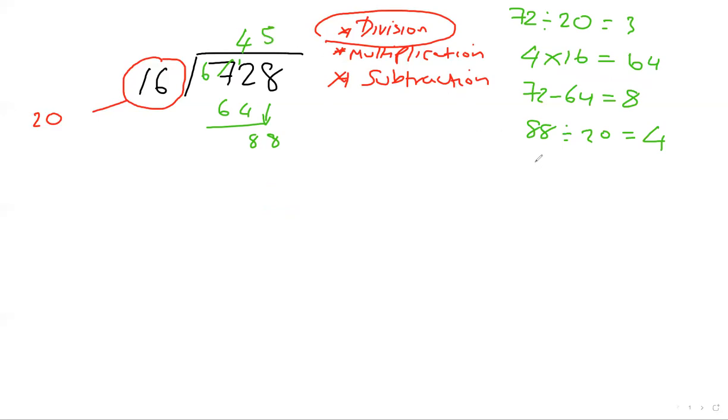So 5 times 16: 6 times 5 is 30, 5 times 1 is 5, so it's going to be 80. And then we do 88 minus 80, which is going to, of course, be 8.